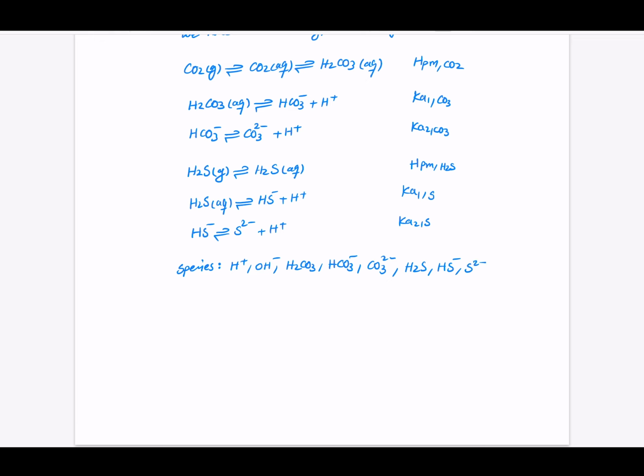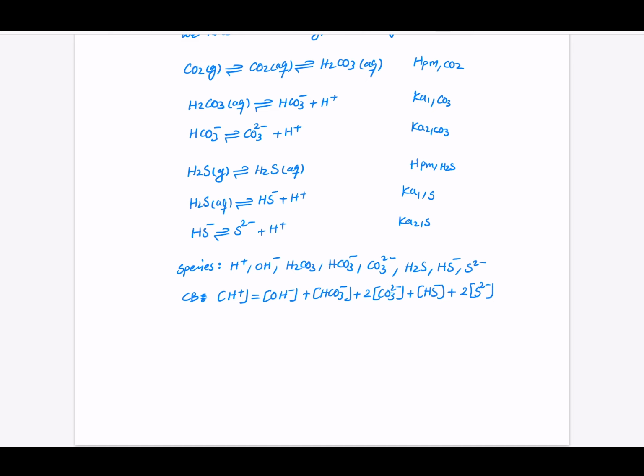So we have 1, 2, 3, 4, 5, 6, 7, 8 species. The charge balance is always there. The only positively charged species, H plus, equals all the negatively charged species: OH minus plus HCO3 minus plus 2 CO3 2 minus plus HS minus plus 2 S2 minus. So that's our charge balance.